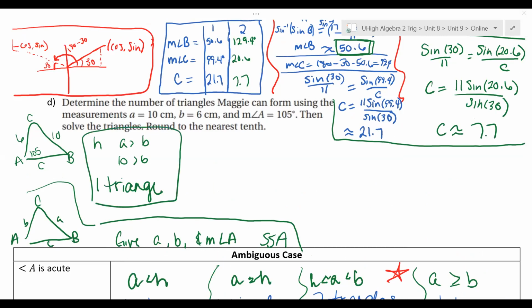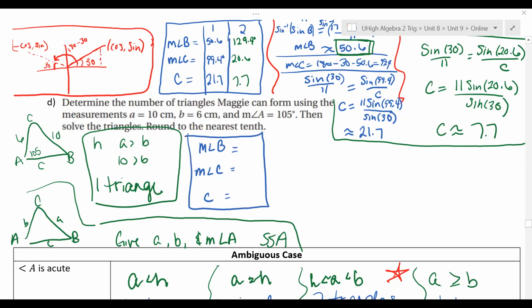I'm going to draw this in a different color because I feel like there's a lot of green going on right now. I'm looking for the measure of angle B, the measure of angle C, and side length c, and I only have to do one triangle.